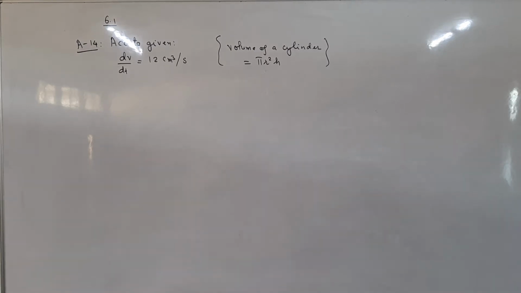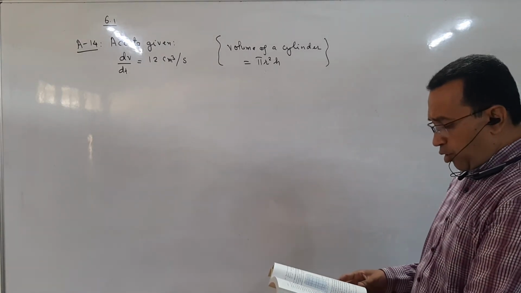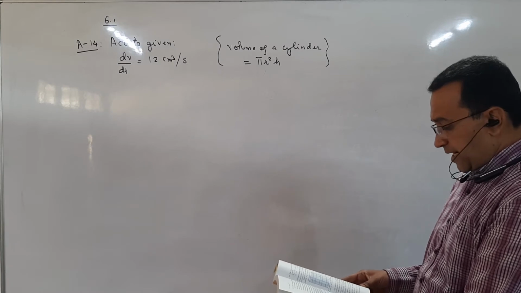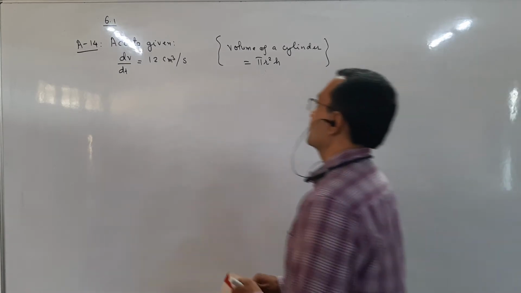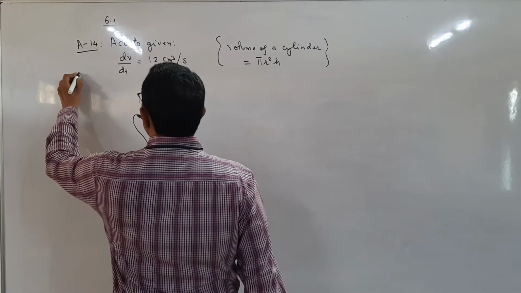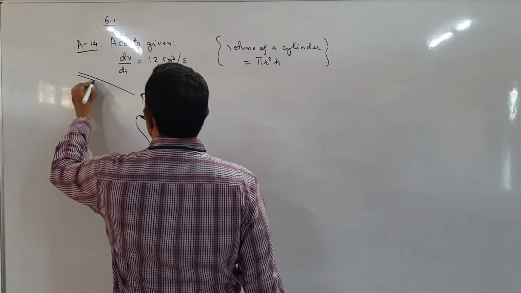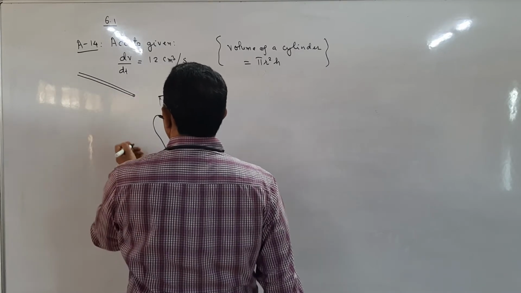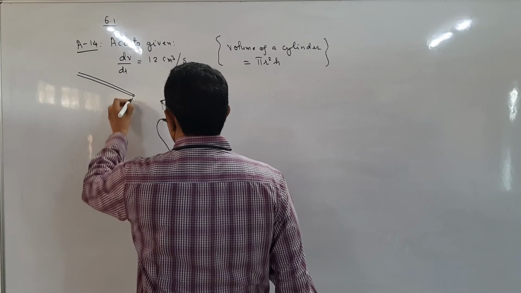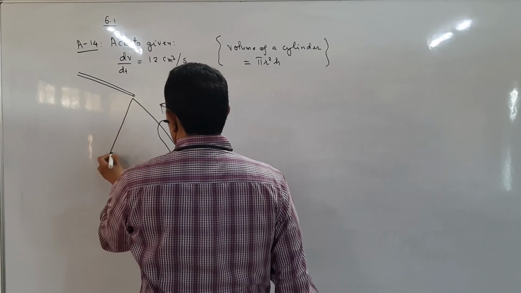But here the sum is altogether a different aspect. Sand is being poured at the rate of this. The falling sand forms a cone on the ground. Say suppose this is the pipe from which the sand is poured, and the falling sand forms a cone like this.